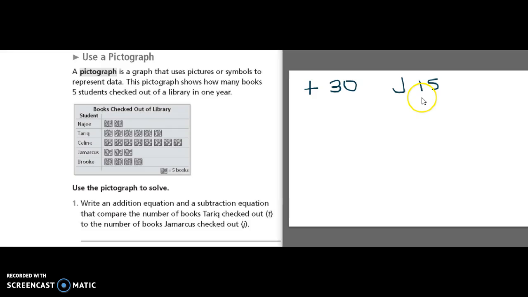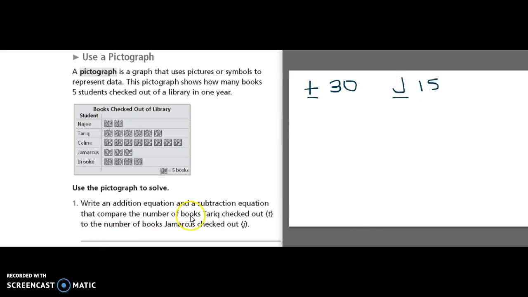Well, these are the numbers that I know. And I know that they want me to write an addition equation and a subtraction equation using both T and J. So I'm not actually going to have these numbers in here. I just need to know them. So I should have T and I should have J. The only other number that should be in our problem is the missing one. So I need to figure out what is the difference between these two.